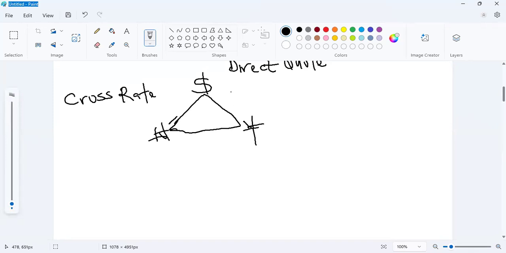Let's assume ₦800 to $1. And we have 200 yen.